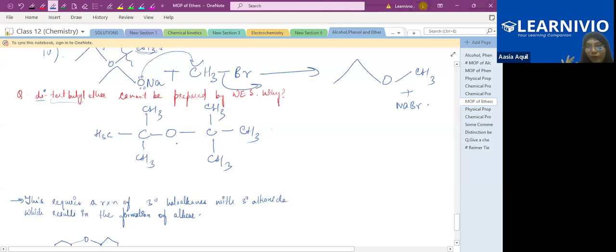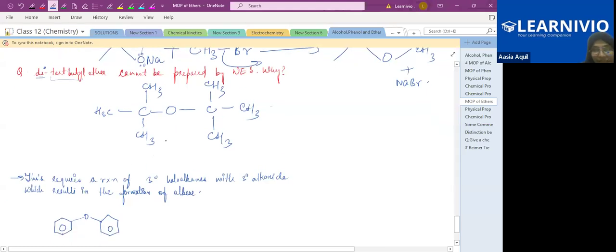Now, can any one of you please tell me why it cannot be prepared by Williamson ether synthesis? Why can't we use it? Because of the steric hindrance. Very good.